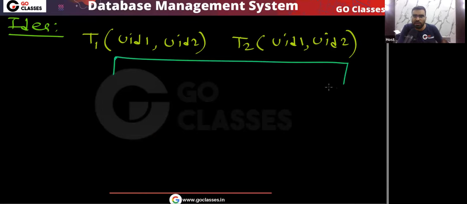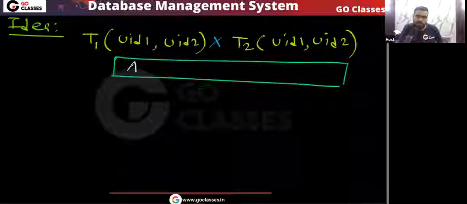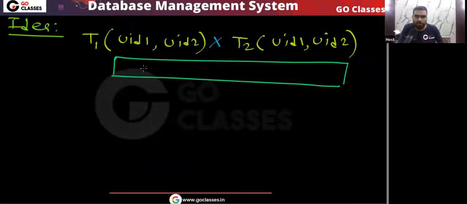Now, which tuples are we looking for in the cross product of these two? We are looking for those people who, for example this person A, should follow at least two different people. So if a person is here, then this same person should be here, and this person should follow two different people.